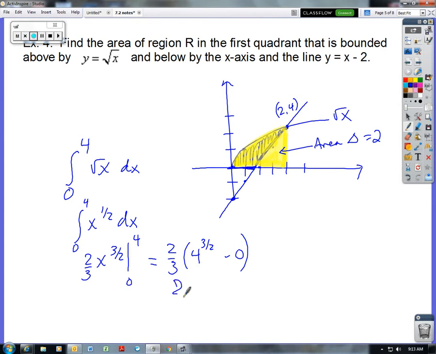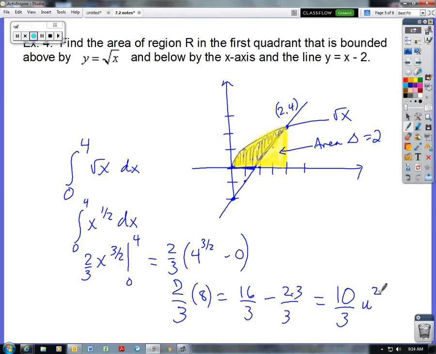So you get 2/3 times 8, which is 16/3. And then the area of the triangle is 2, which is 6/3. So it's 16 minus 6 over 3, 10/3 units squared.